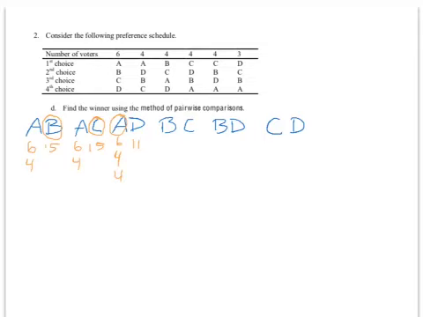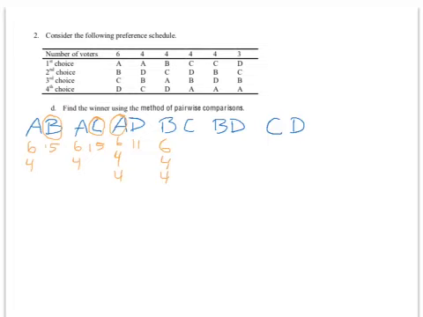In the matchup with B against C, in the first column, those first 6 voters have B ranked above C, so we're going to give those 6 votes to B. And then in the next column, B is ranked above C there also, so I give those 4 votes to B as well. And in the third column, again, B is ranked above C, so they get another 4 votes.